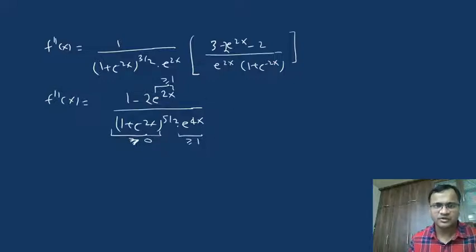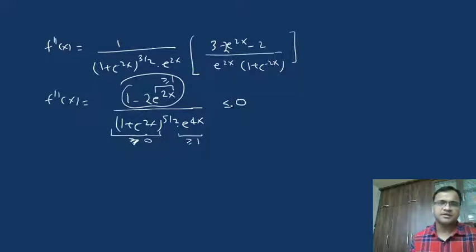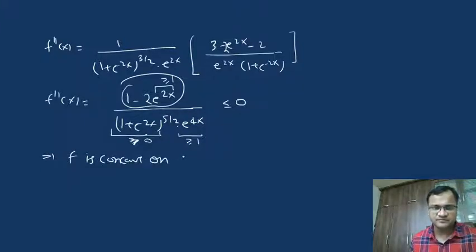Therefore, overall, if this quantity is greater than 1, therefore numerator becomes what? Negative quantity. This is less than or equal to 0, which implies f is concave on x greater than or equal to 0.